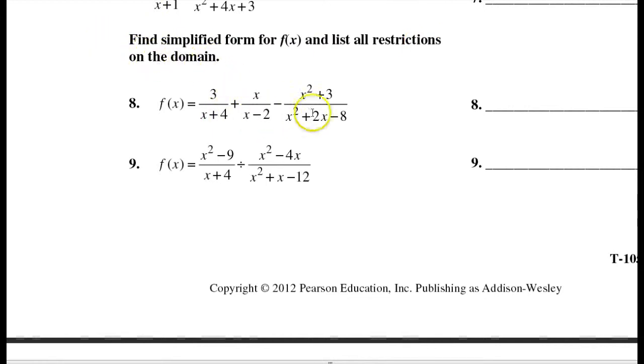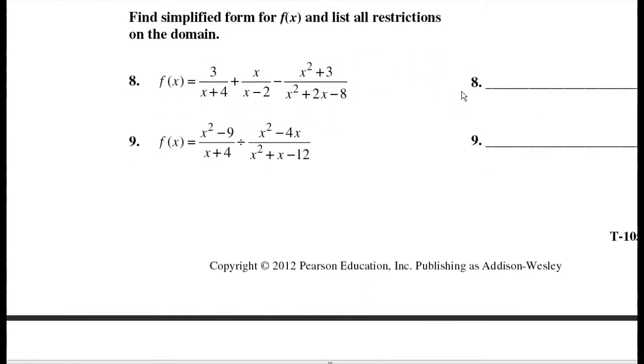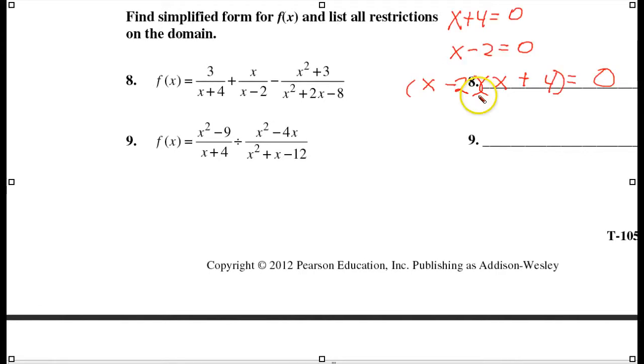So lots of things going on here. So let me work that out for you and then we'll go over it in detail. Well, let's get the restrictions out of the way here on the domain. It's what would make any of these denominators a 0.